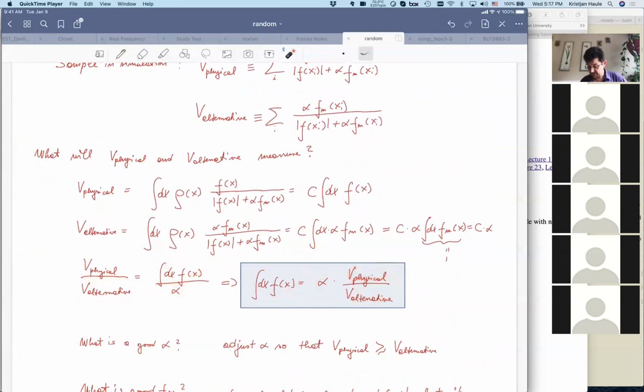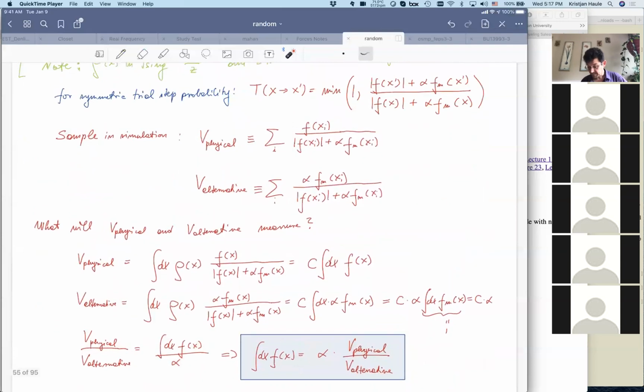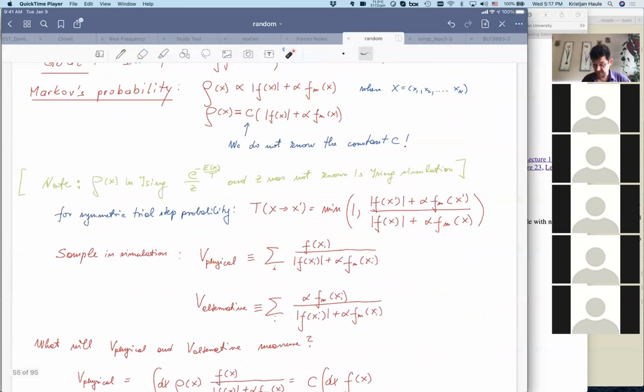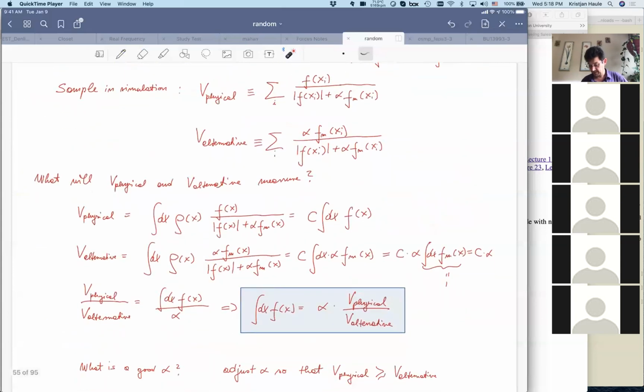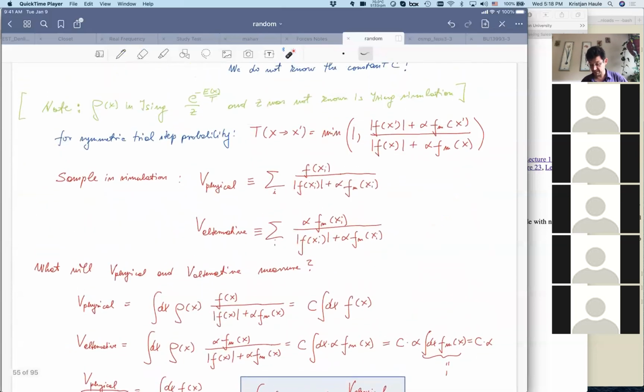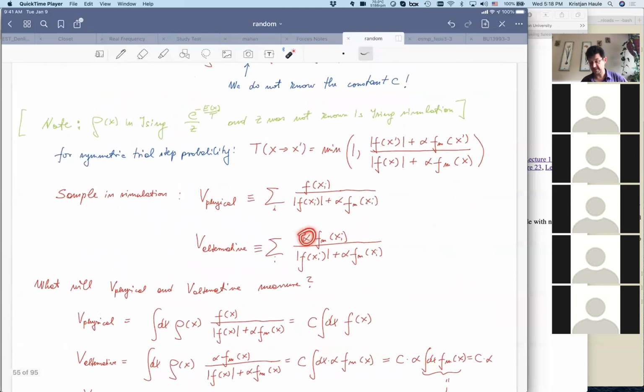Now, you also see that if we set alpha to 0, let's say that we decided that we will set alpha to 0 so that we take only the absolute value of f of x as our weight. So alpha goes to 0. What's going to happen? Well, then the integral will be alpha, which is almost 0, but also v alternative will be almost 0, because it has alpha in it too.